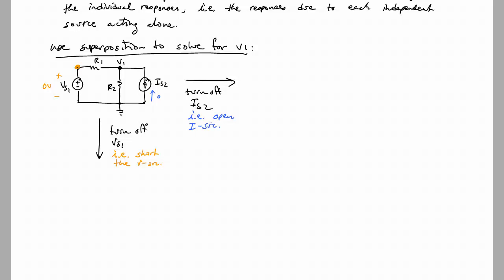And again, you don't really open it, it's just that the current source becomes an open if you set its current value to 0. So now we redraw this with the source off, that's with the voltage source off, and then we'll redraw it with the current source off.